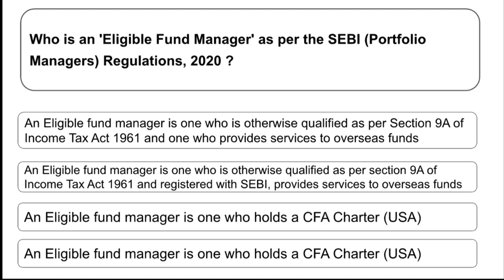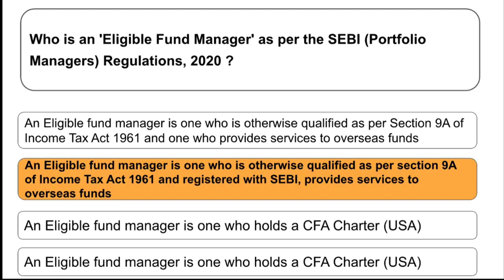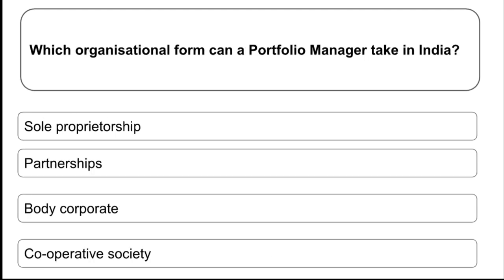C. An eligible fund manager is the one who holds CFA Charter USA. So let's find out which is the correct answer. The correct answer is option B, that is an eligible fund manager is the one who is otherwise qualified as per Section 9A of the Income Tax Act 1961 and is registered with SEBI and provides services to the overseas funds. Let's go to the next question.